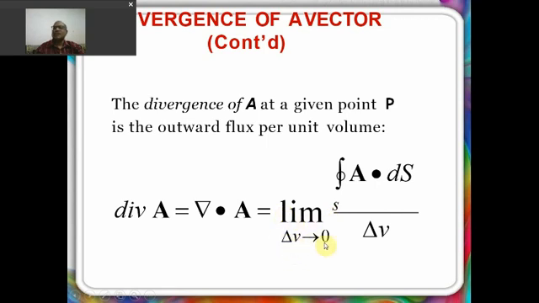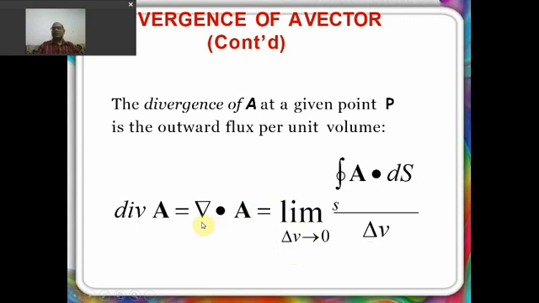in the limit as that small volume tends to zero. So it is the limiting case of the elementary volume tending to zero, and the ratio of total flux to the small elemental volume is defined as divergence.